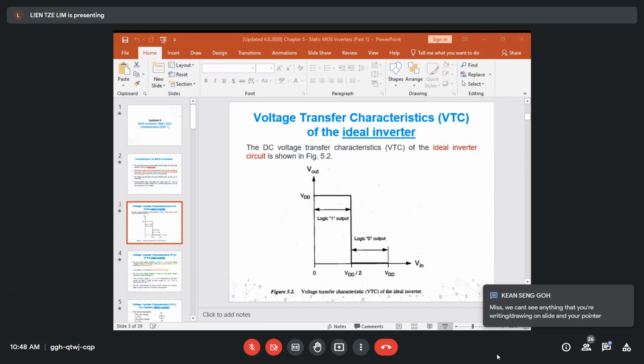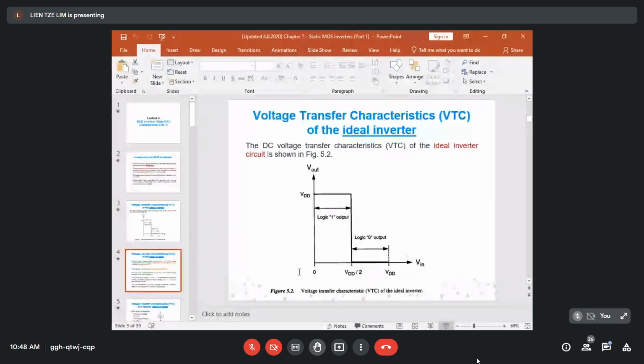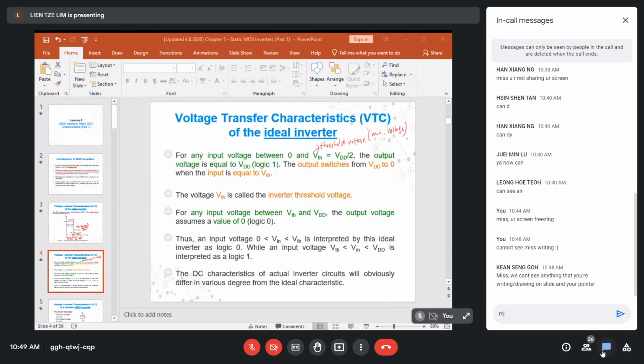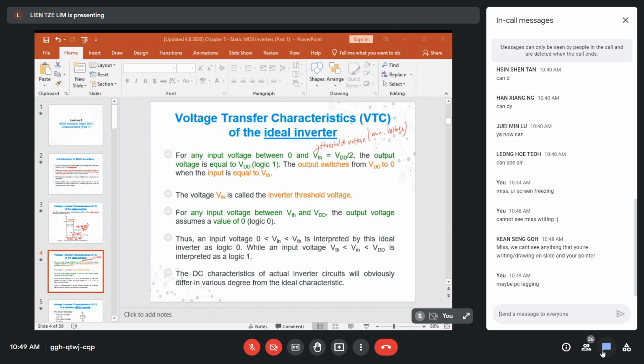Thus, an input voltage 0... Is it the screen again? The slide. Or you cannot see anything that is drawn on the slide and the pointer? I think next time I will use my laptop, it is better.